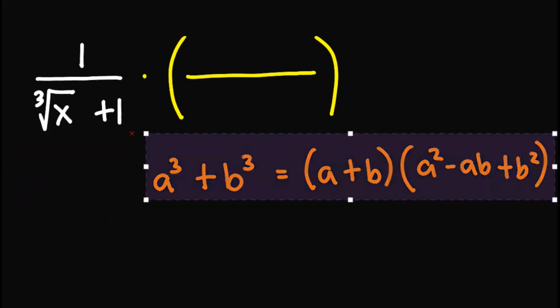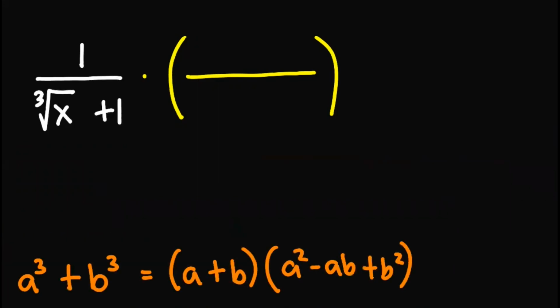Let's keep this one in here as a guide. So to determine what we will multiply, we can view this one out here as this binomial out here. So if we represent this one as a and we represent 1 as b, then what we need to multiply out here is this one.